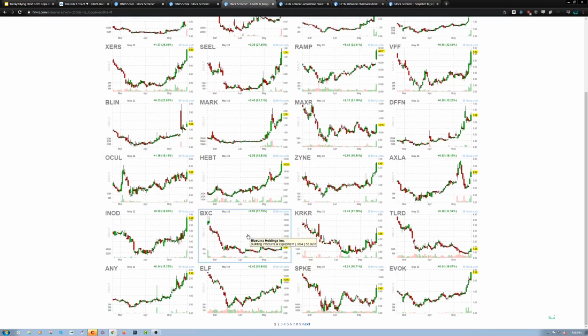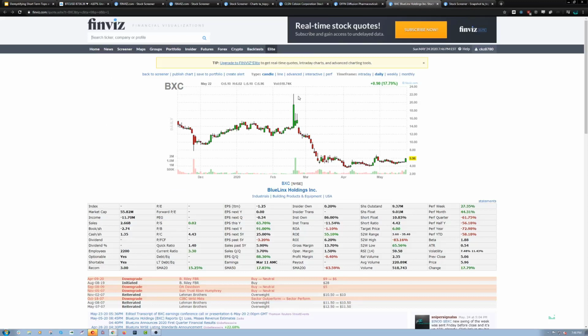BXC, this is one of my favorite patterns, actually. You have a stock that's been just completely demolished. This is building products and equipment. I don't know how volatile this is going to be, but this pattern of a stock that drops from $20 to $4 and then starts bouncing and putting in higher lows.